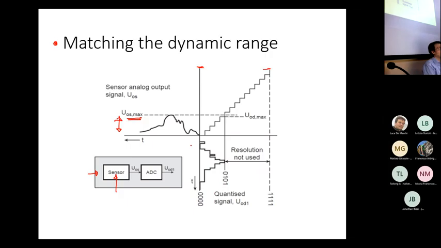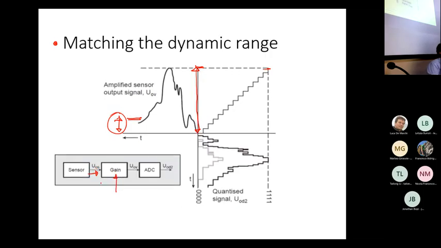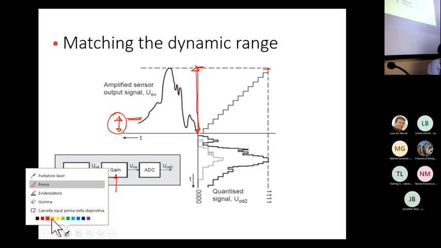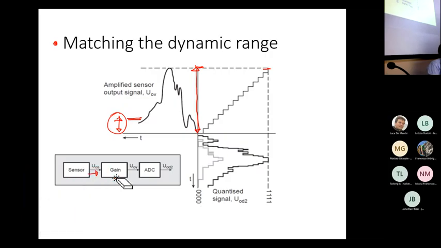So we have to match the dynamic range of the source with the dynamic range of the A to D converter. How can we do that? Well, we add an amplifying stage. In the new design, we add this gain stage.